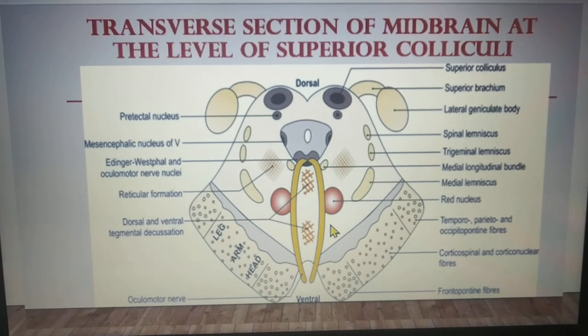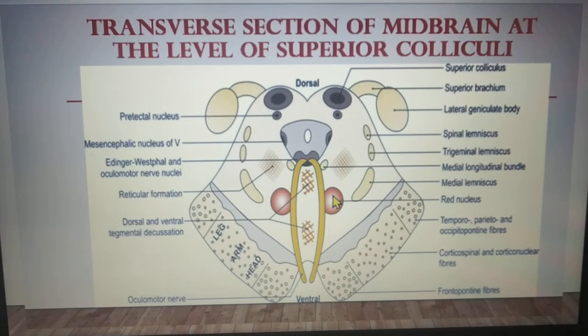It has a highly inhibitory influence on the muscle tone, and it is the relay center of the fibers coming from the cerebral cortex and the cerebellar cortex. The fibers from the cerebral cortex, which relay on the red nucleus and reach the spinal cord, are named cortico-rubrospinal fibers.